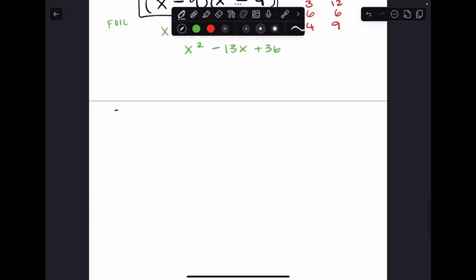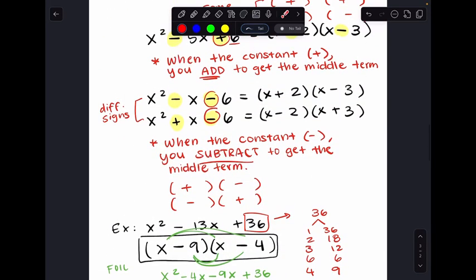So let's try this one, p squared minus 2p minus 15. All right, so again, pay attention to your signs. They're both minuses. If I were to go back up to my cheat sheet, if I have a minus and a minus, that means I'm going to have two different signs, so plus and a minus.